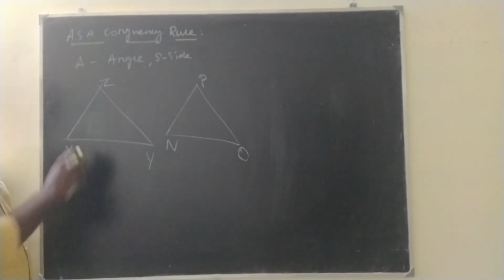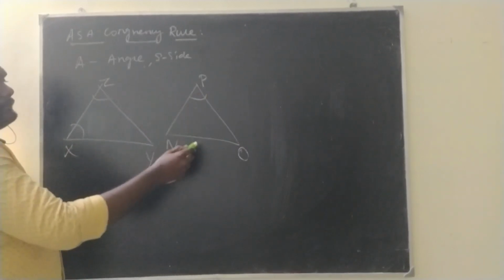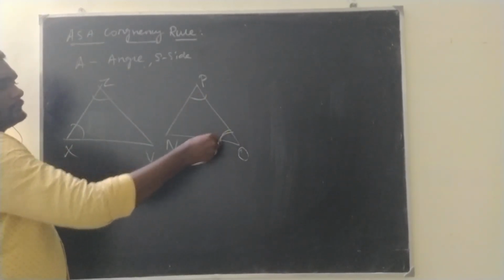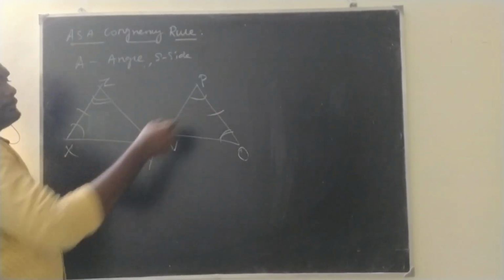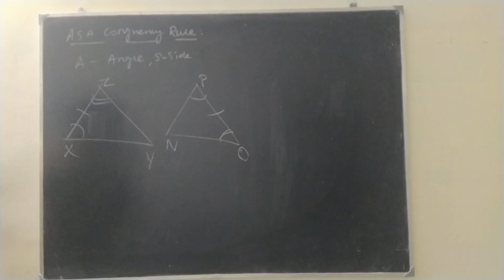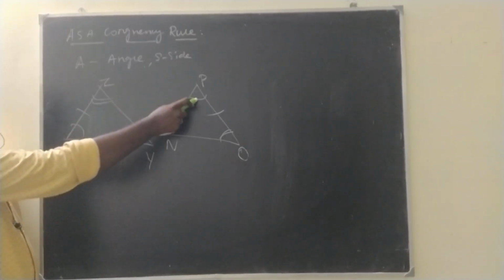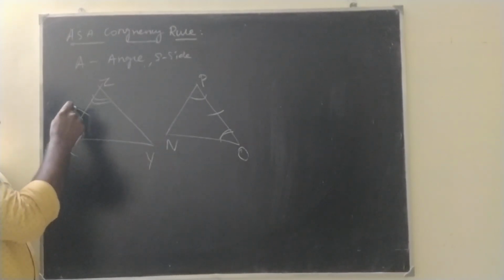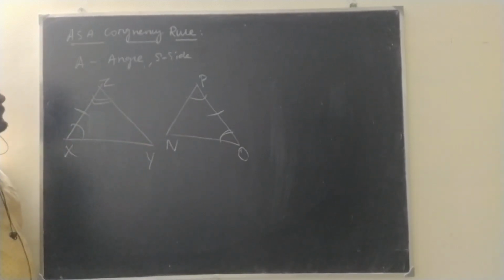In these two triangles, X is equal to P and Z is equal to O, and this side XZ is equal to PO. Then by this ASA congruency rule, one angle, the other angle, and the side common to both angles are equal to those of the other triangle.